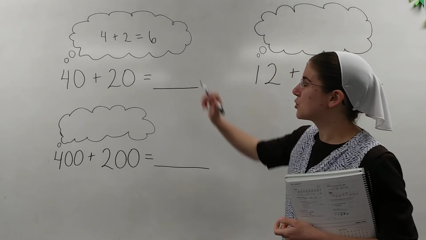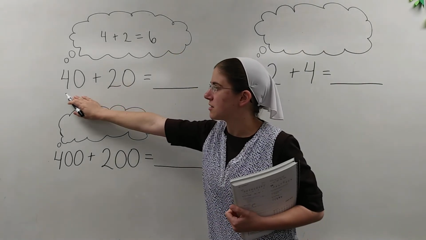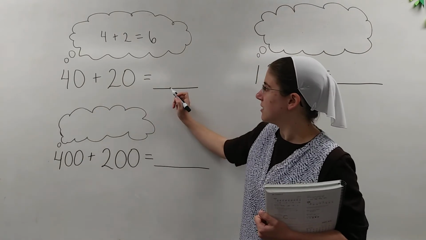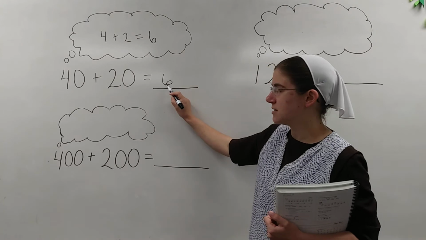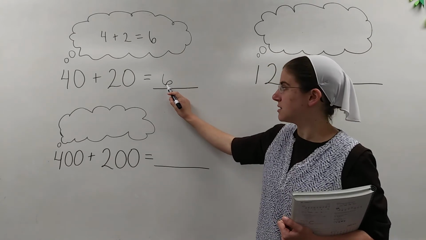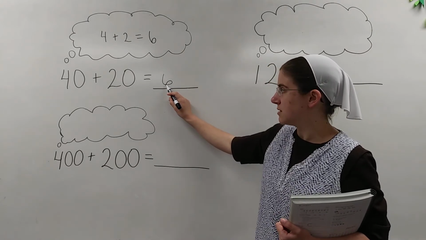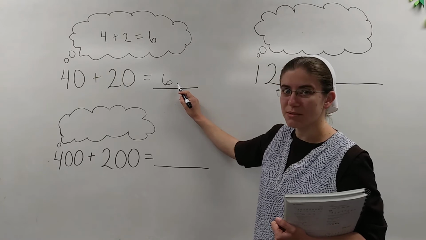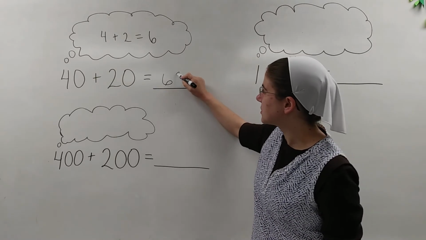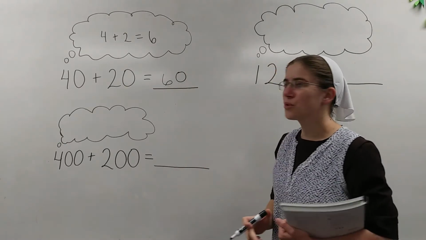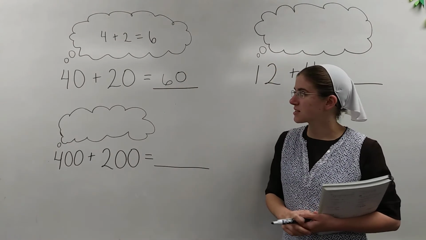So we added our tens together, and we have 6 tens. Since our 6 is in the tens place, we need something in the ones place. And what goes in the ones place? A 0. So our answer is 60. 40 plus 20 is 60.